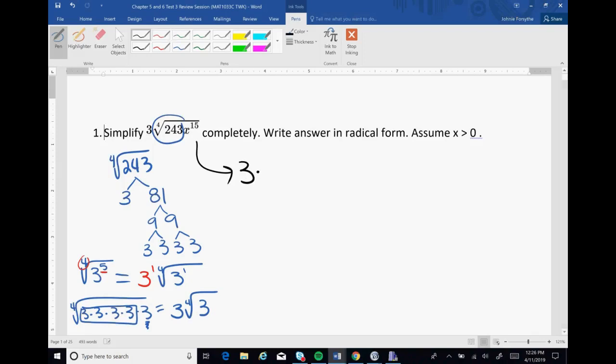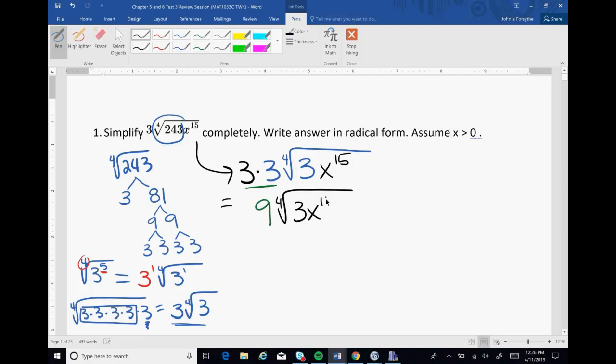Now I have times 3, the 3 from this, then it's the fourth root of 3, and I still need to deal with that x to the 15th. Now, 3 times 3 I can multiply, is 9, and so now I have the fourth root of 3, x to the 15th.